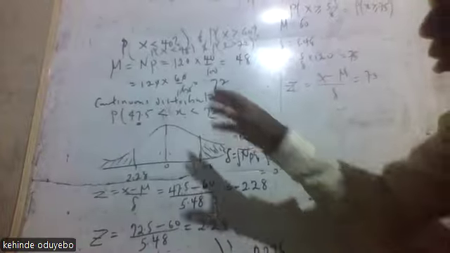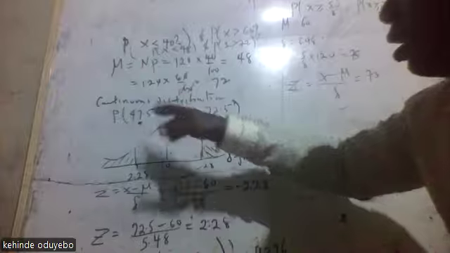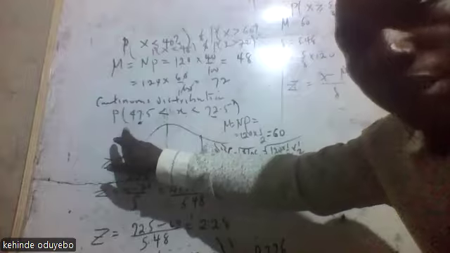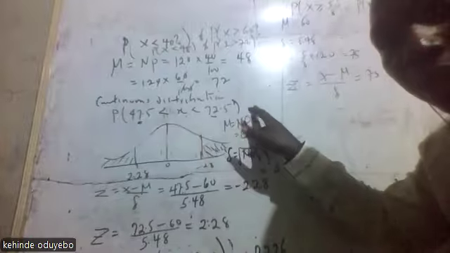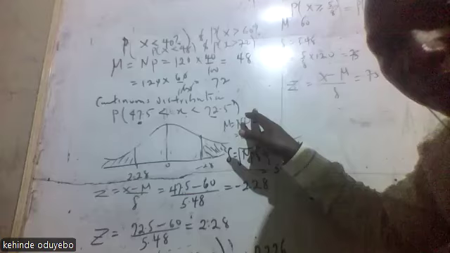The one we did here is because it's having between. That's why I can remove 0.5 in this one and add 0.5 to this one. Are you with me? Yes.